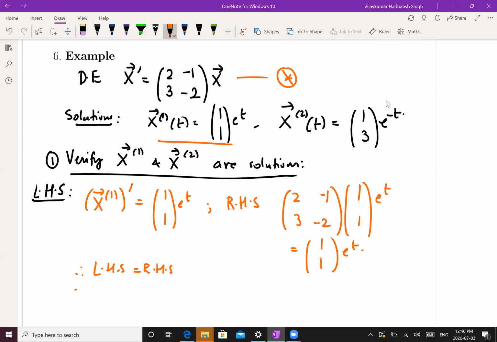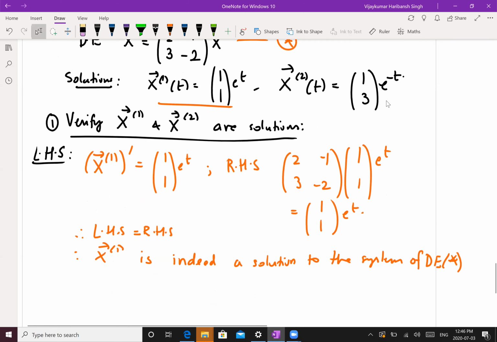Therefore, x1 is indeed a solution to the system of differential equations labeled by star.